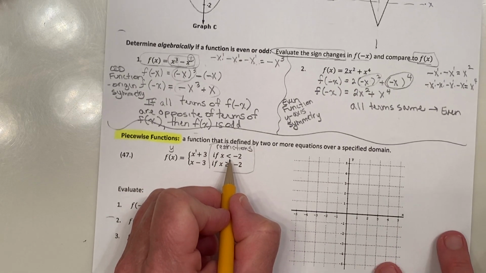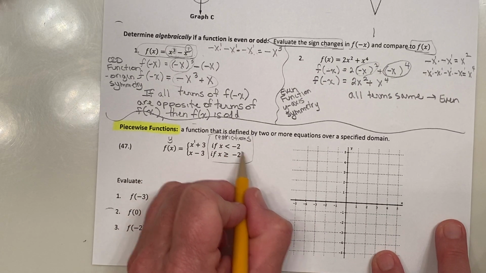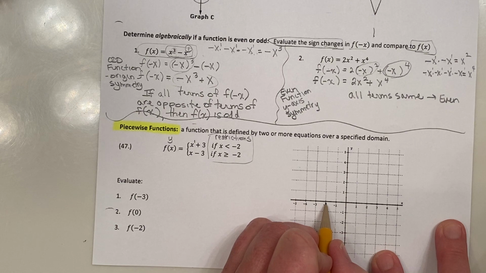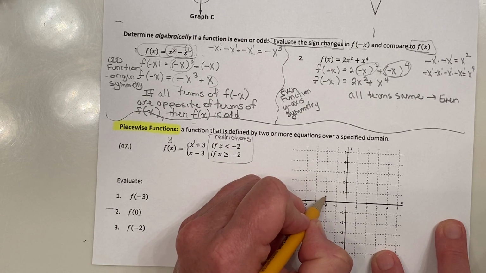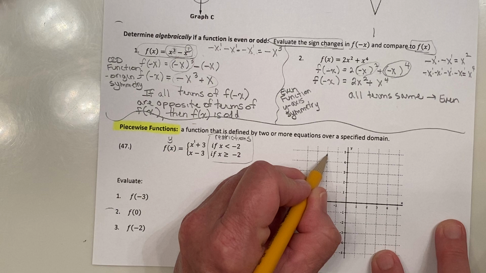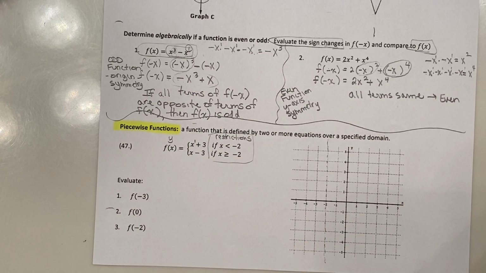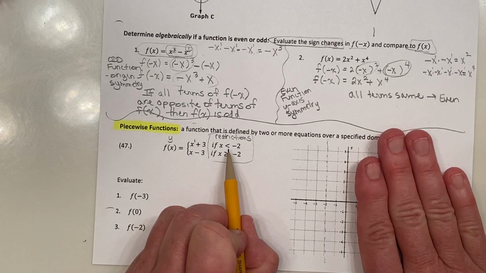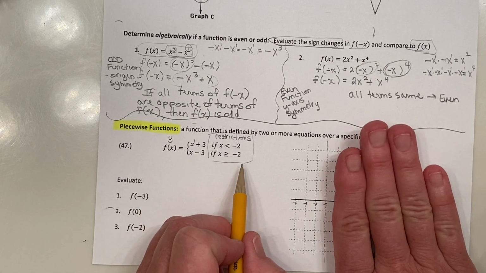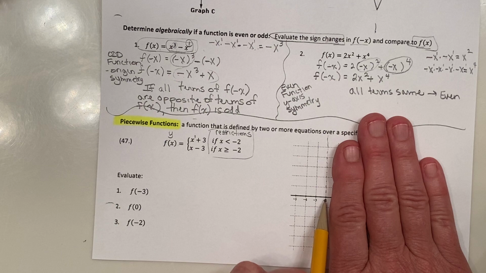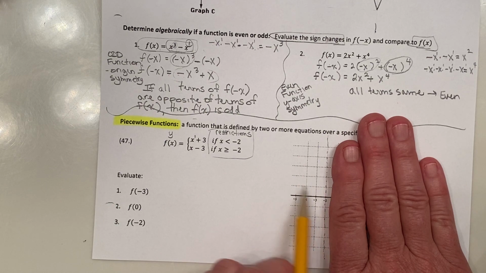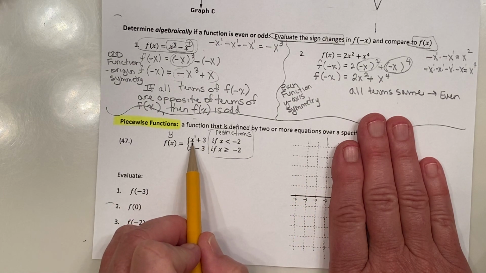So if we think about this for just a second, where x is equal to -2 on the x-axis, which is just about right here, I'm going to draw in this dashed line just to represent that we have a break in our piecewise function. Meaning that for x less than -2, or to the left of x values equal to -2, over here, we're going to want to graph what this linear function looks like.